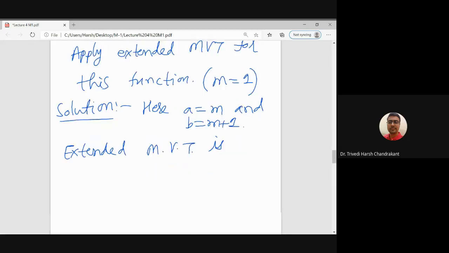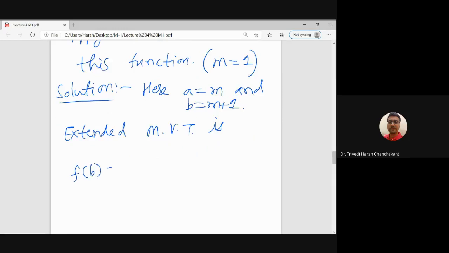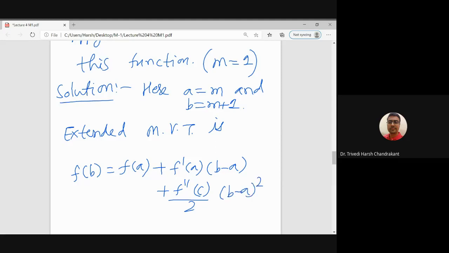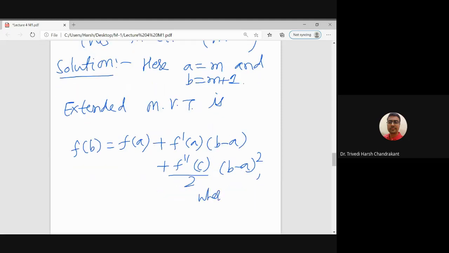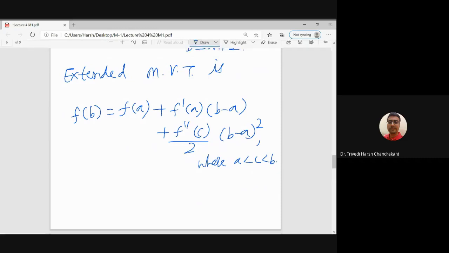It says f(b) equals f(a) plus f'(a)(b minus a) plus f''(c) by 2 factorial times (b minus a) squared, where c is between a and b. So let us find out all these values. Basically b is m plus 1 and a is m.